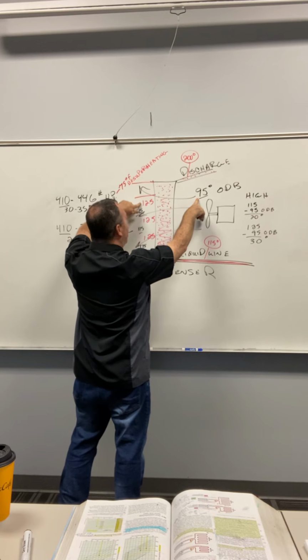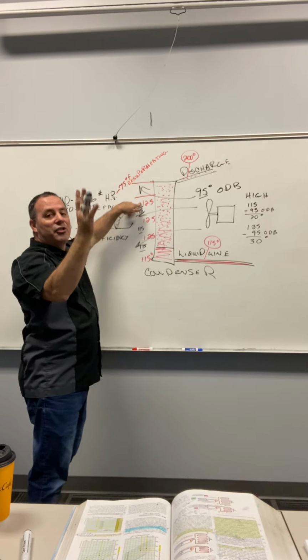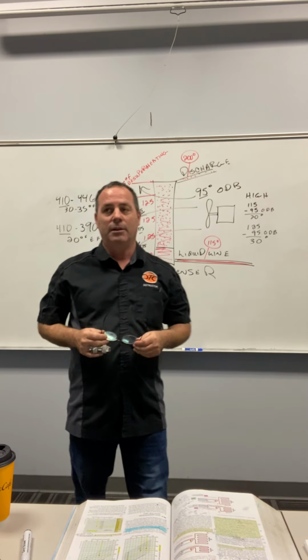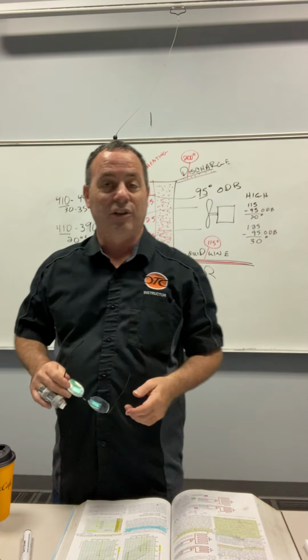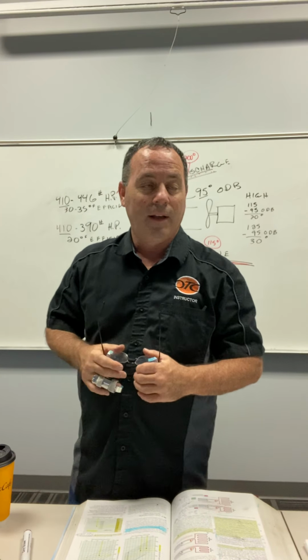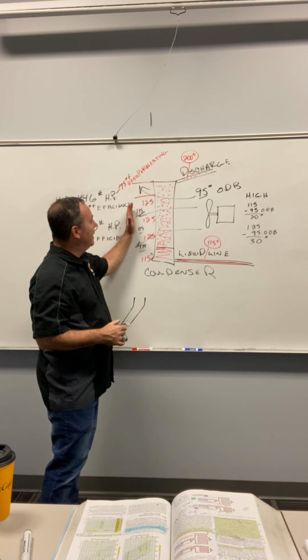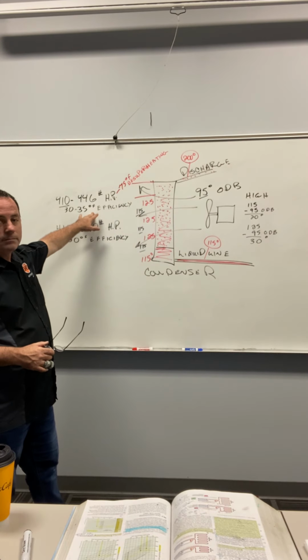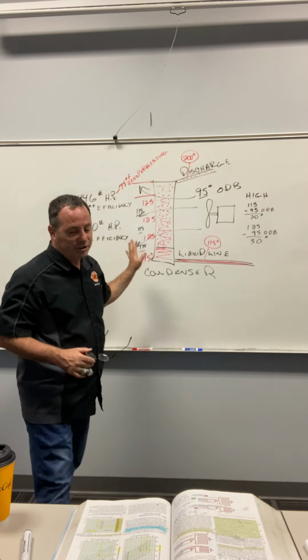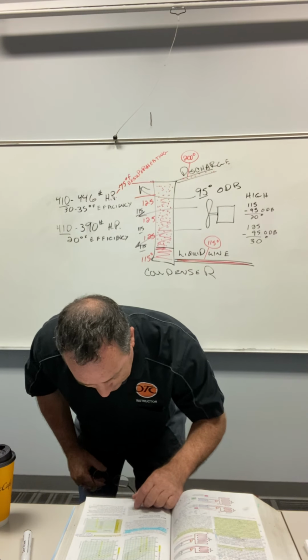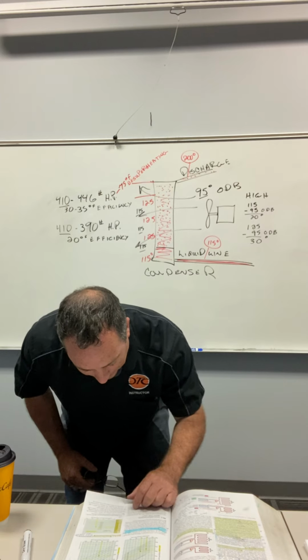But between 95 and 125 is 30. So the more the condensing temperature goes up, let's say you got a dirty condenser coil, that pressure is going to go up. All right? The greater the condensing temperature, the greater the head pressure. So that's how the high efficiency works. So this is the stuff that was on page 1222 and 1223.